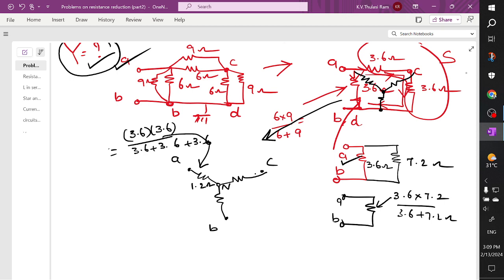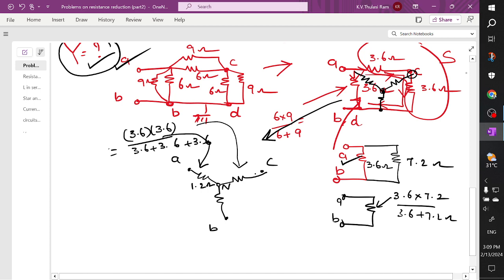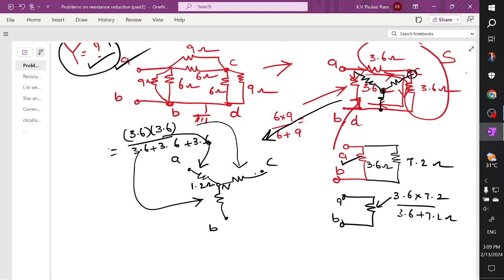The same concept applies here. The black colored resistor we need to find out, and we can apply the same formula here, and the same formula is also applied here. So which is 1.2 ohm, 1.2 ohm.